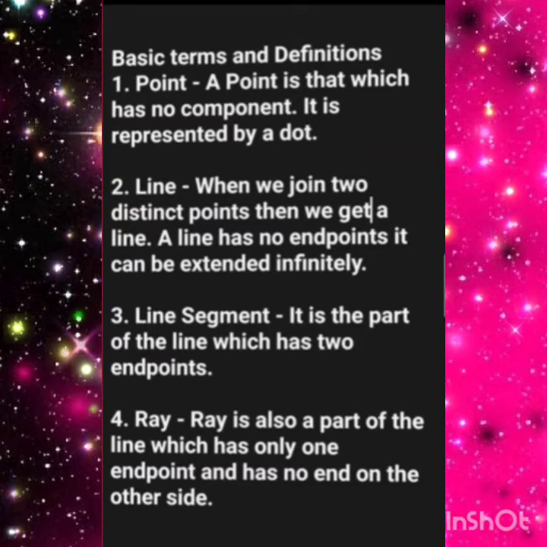Suppose here I have kept two dots, and if I join these two dots, then we get a line, and a line, remember, is always extended infinitely. The reason behind that is it has no end points.